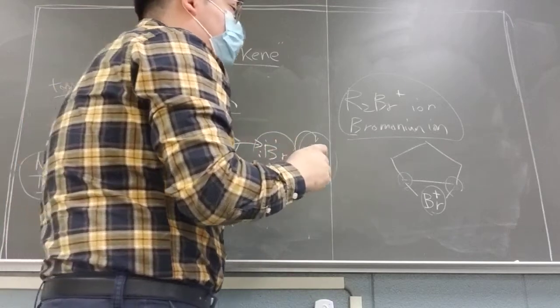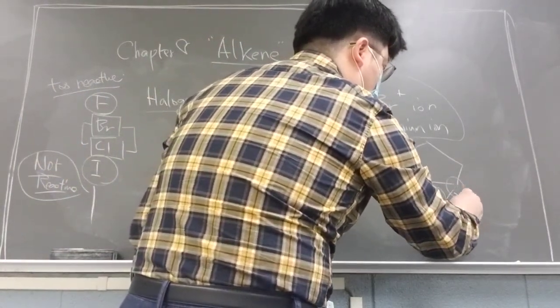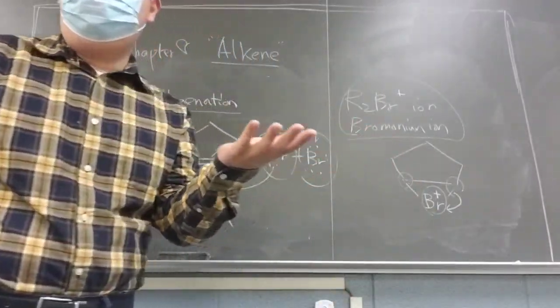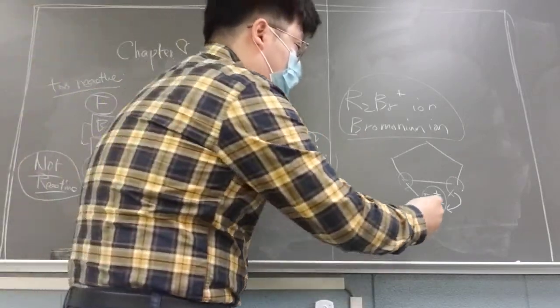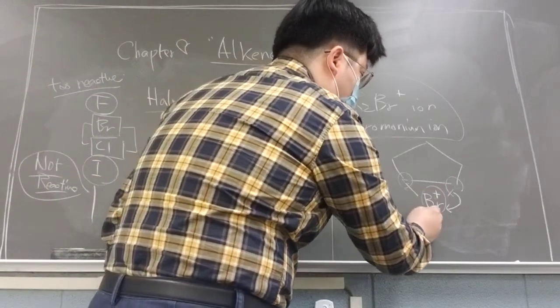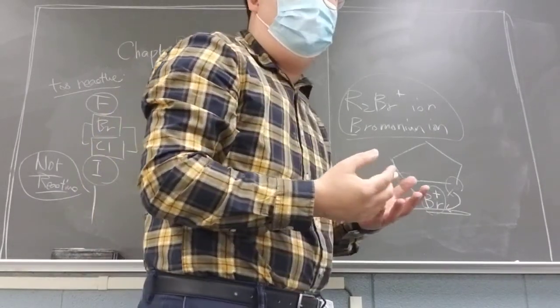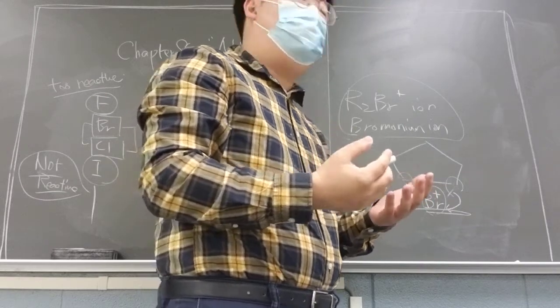So what is so special about this one is that now it detaches one of the pair electrons, because think about it, halogen wants to be always negative, well, at least neutral. Once they form the bromonium ion, which you can think of as a very unstable state, right? It should be very unstable.